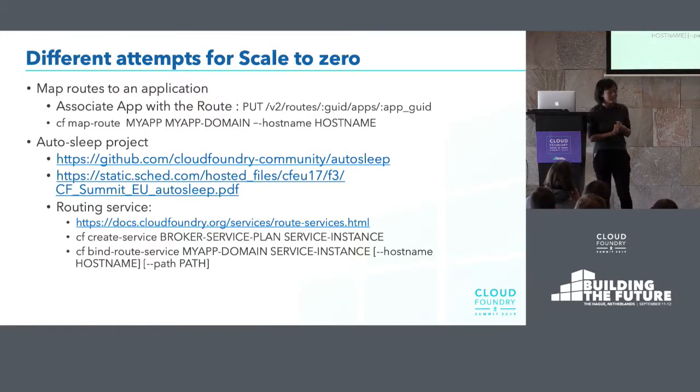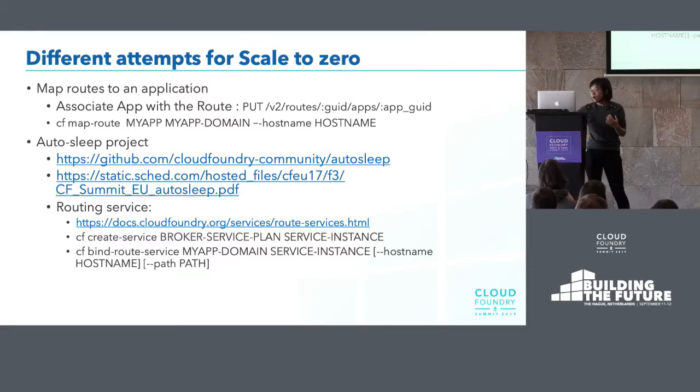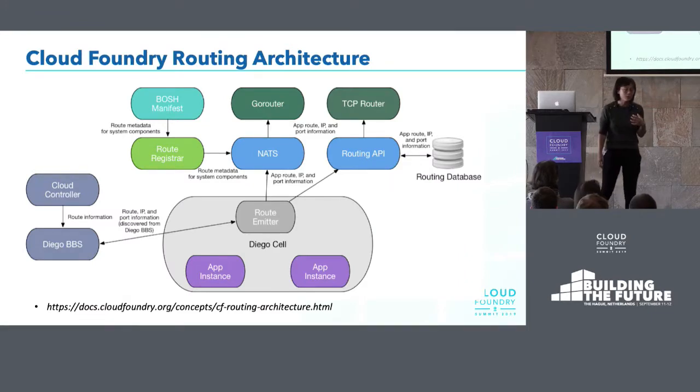I think it's much better, but we still want to provide a better user experience, to make scale to zero feel like a built-in experience, like a platform extension, so that it's easy for you to use.